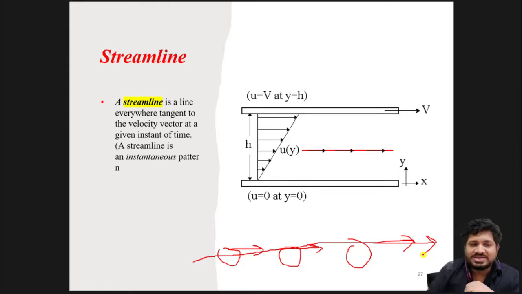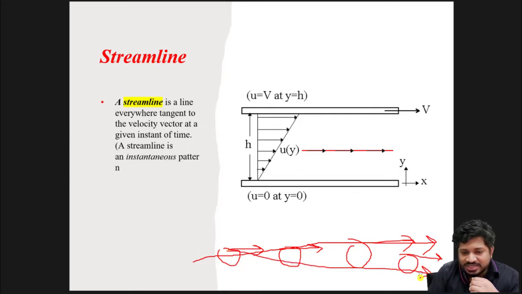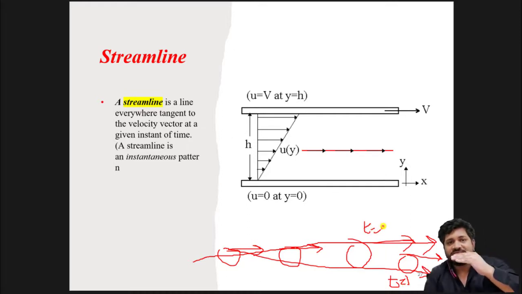So a streamline is basically an instantaneous pattern at that time. If my particle moved here, then my streamline might become like this. At that time, t equals 1, and here t equals 0. So a streamline changes with respect to time.